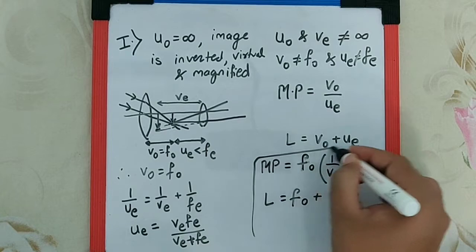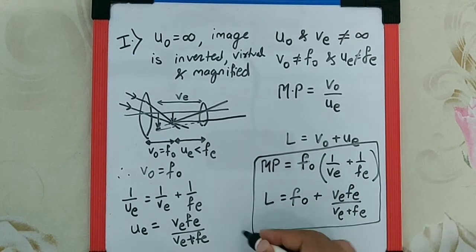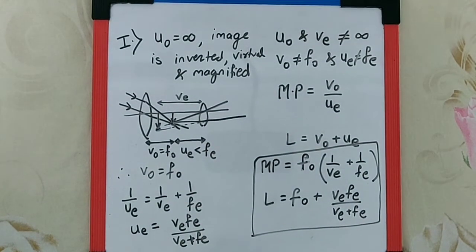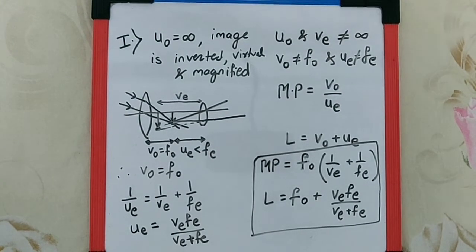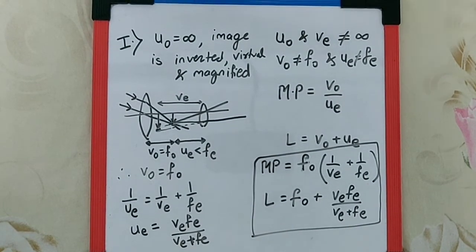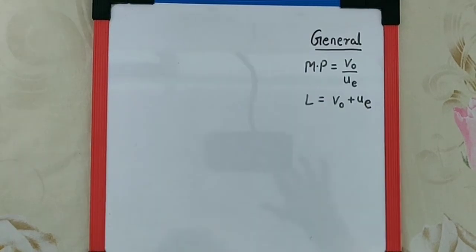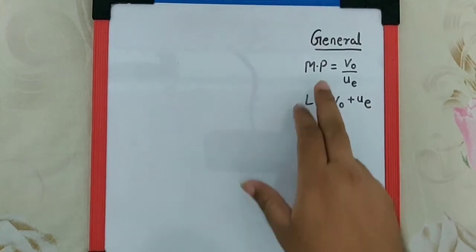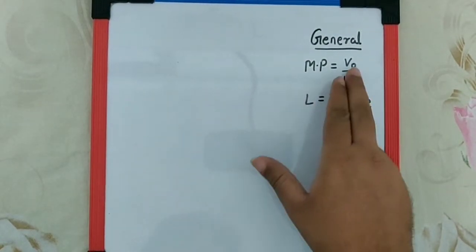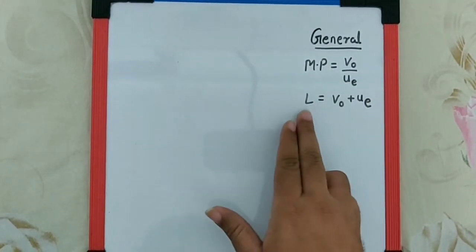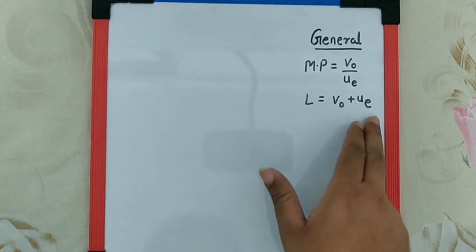And so this is what we get as the final formula for this case, where the object is at infinity but the image is not, and the image is inverted, virtual and magnified. So we got now the general formula as magnifying power of telescope as VO by UE and the length of the telescope as VO plus UE.